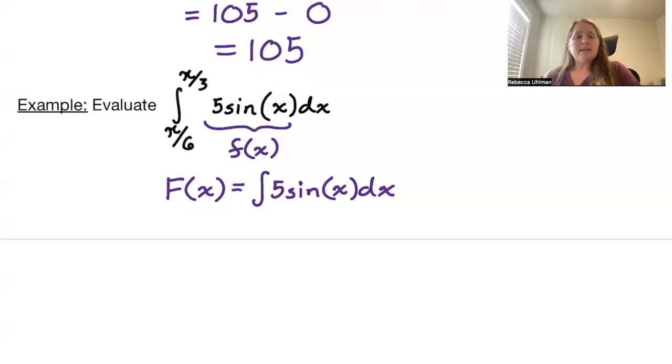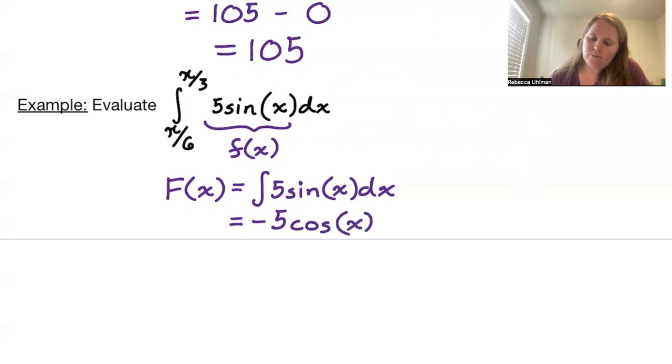The integral of sine is negative cosine. So we wind up with a negative 5 cosine of x plus c. And again, we can go ahead and just pick c equals 0, since we just need an antiderivative.